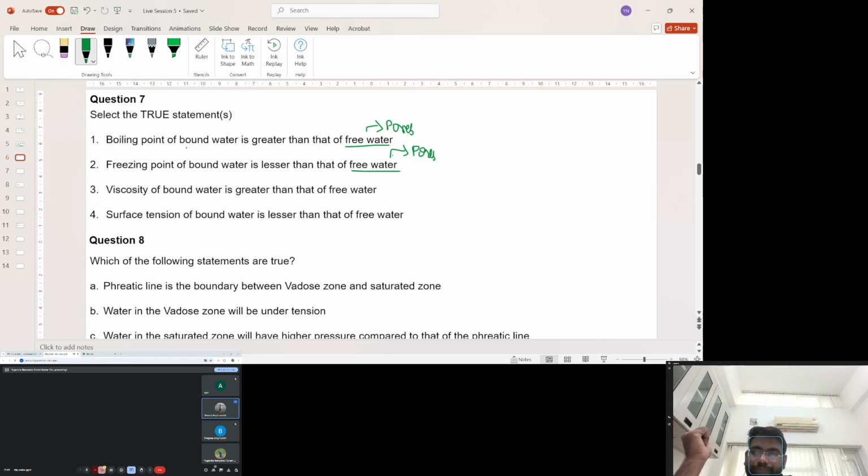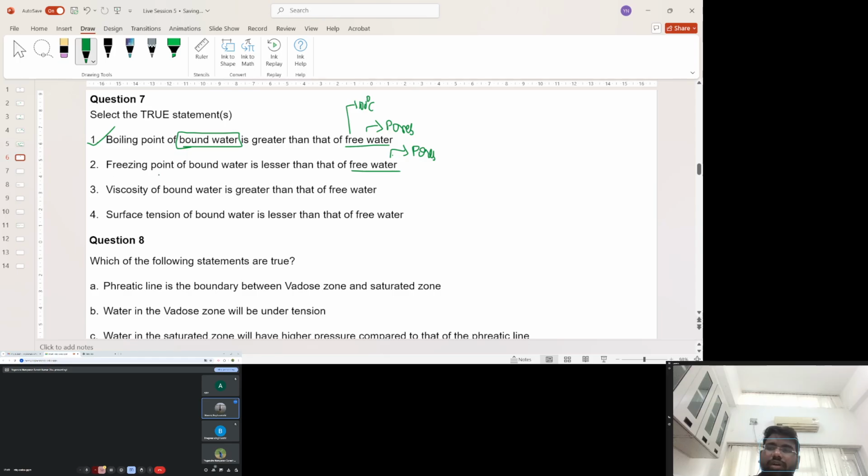That is why the boiling point of bound water will be more than 100 degrees centigrade; you need to supply more in order to convert bound water to vapor. So this statement is true.